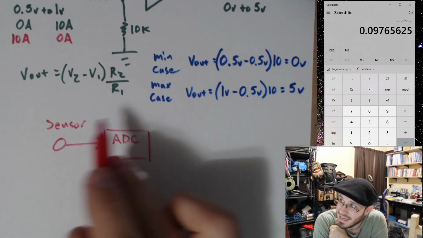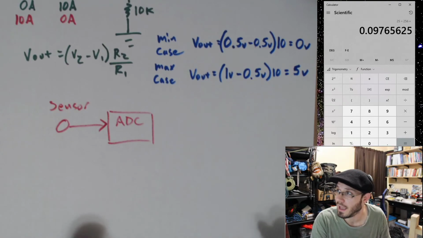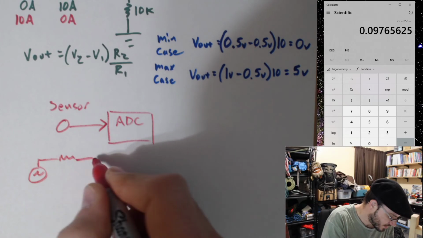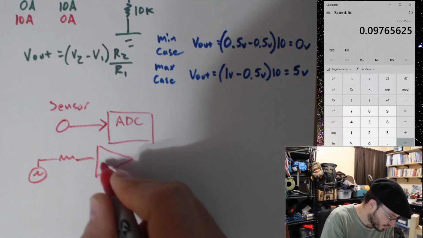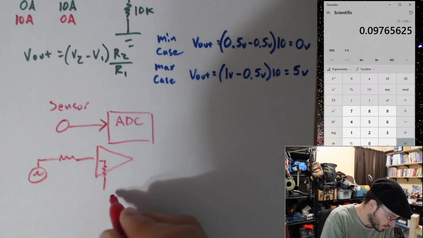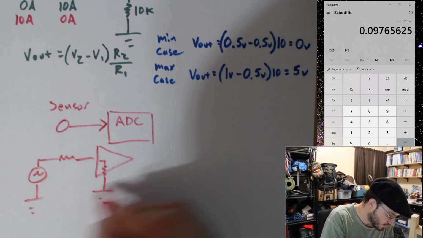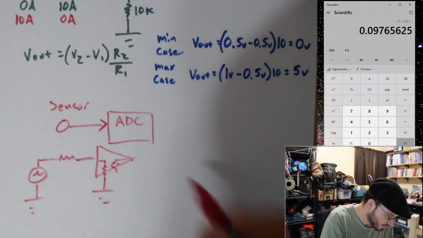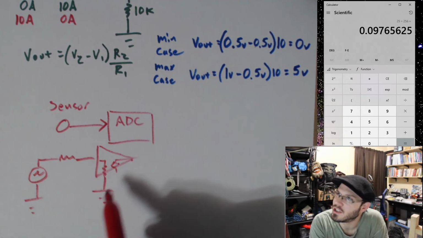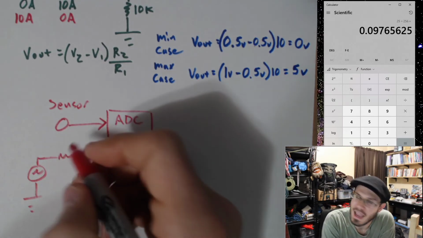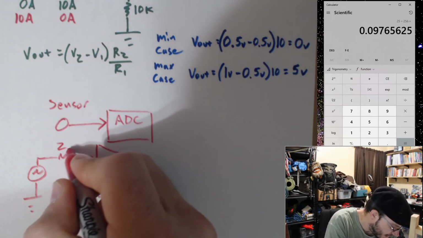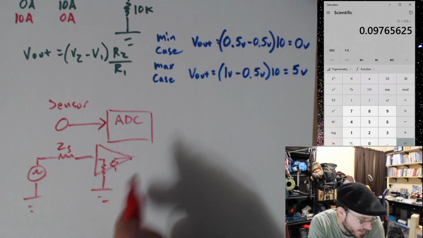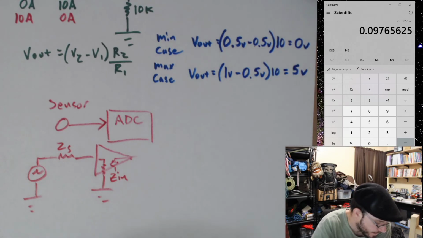So even just connecting these two things together, you're left with this situation again, where my sensor has a Z source or a Z out, and my ADC has a Z in.